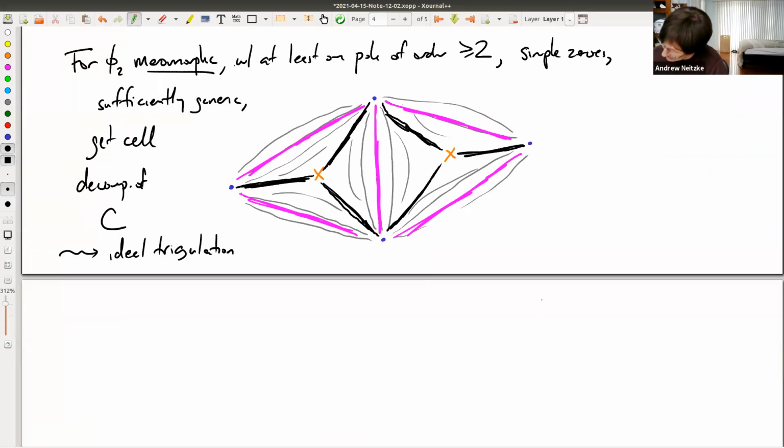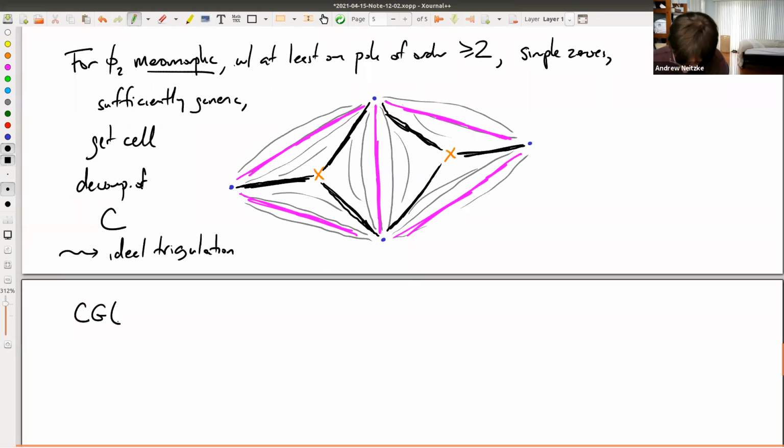And so let's give those leaves a name. Let's say the critical graph of phi 2 and theta. We'll define that to be the union of the leaves that end on branch points.